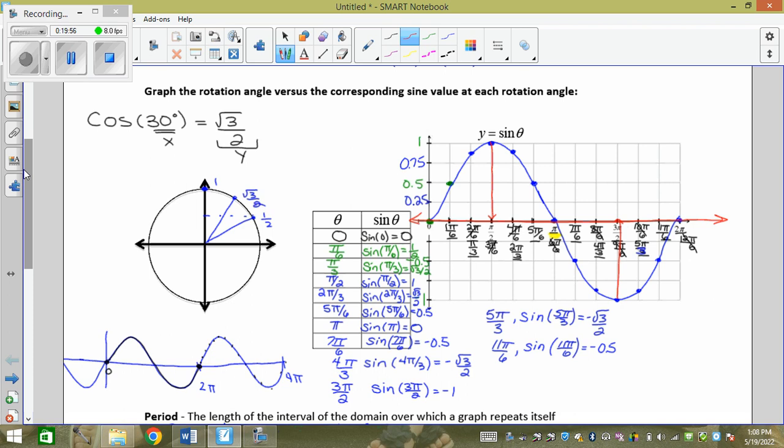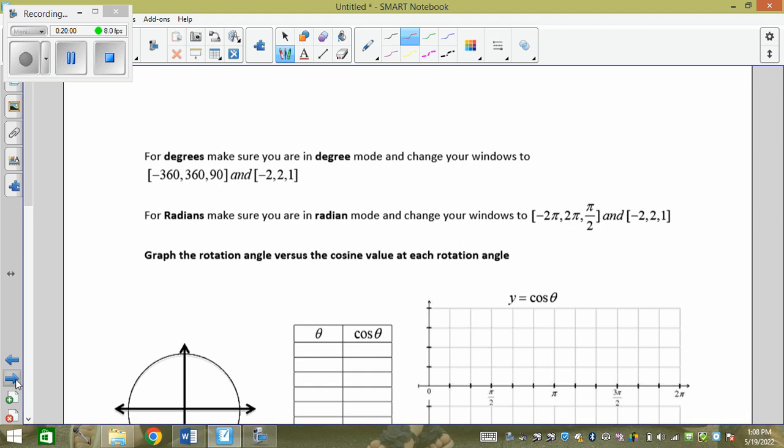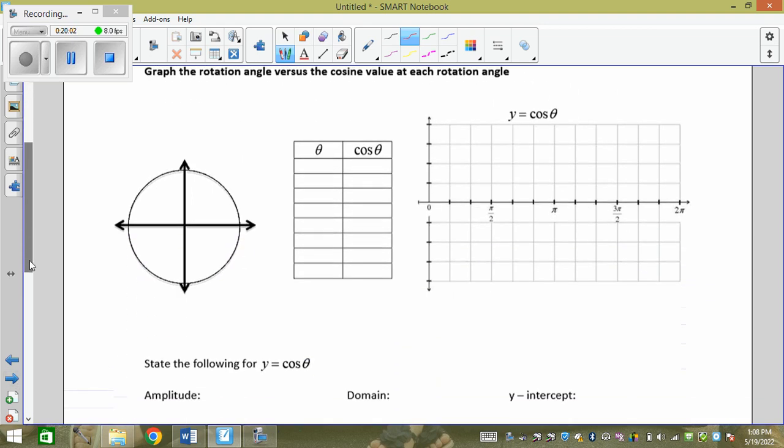What do you think's on the next side? Cos. So what are these all split up into? How many ticks are there to pi? 6.